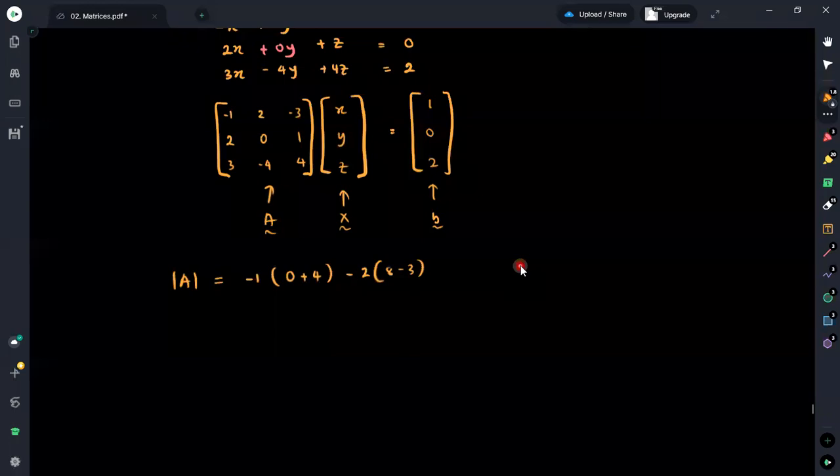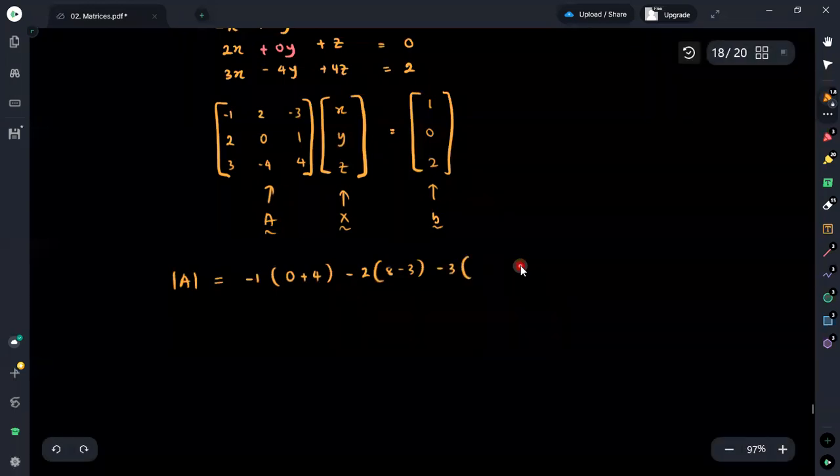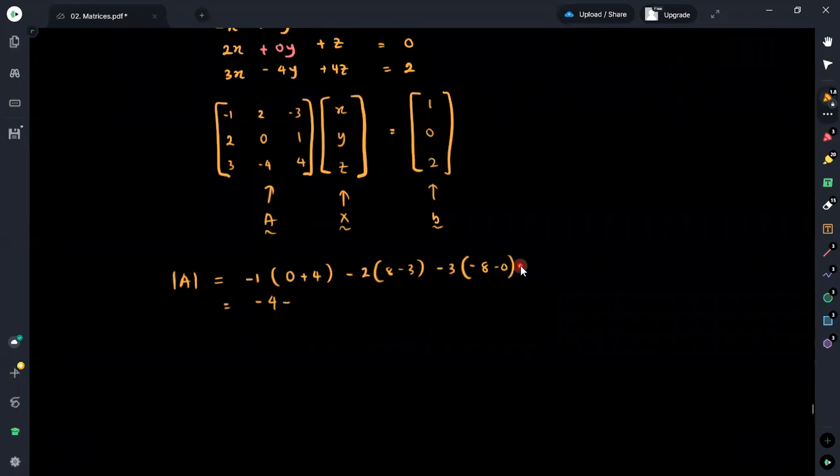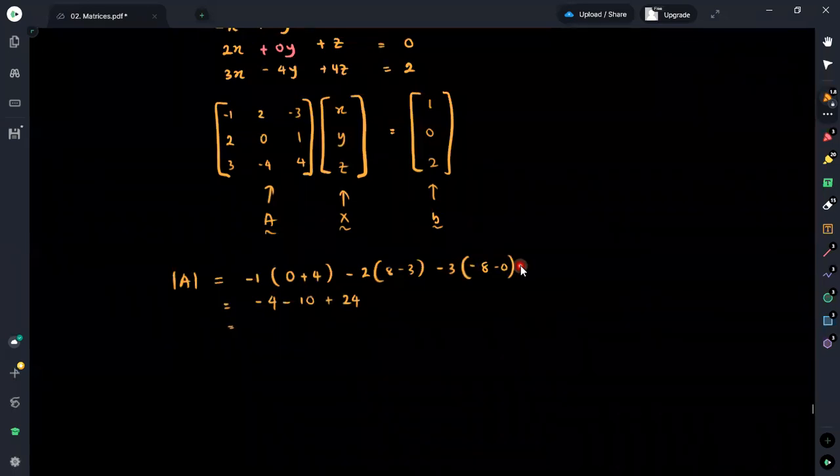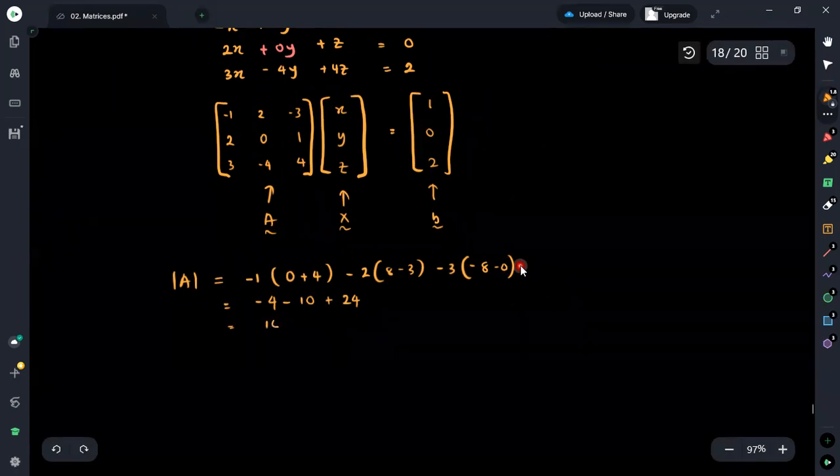Then plus minus 3 times, we get minus 8 minus 0. If you perform the calculation, we get minus 4, then minus 10, then plus 24. Altogether, minus 14 plus 24 gives the value 10.